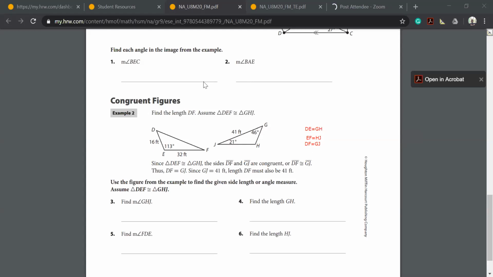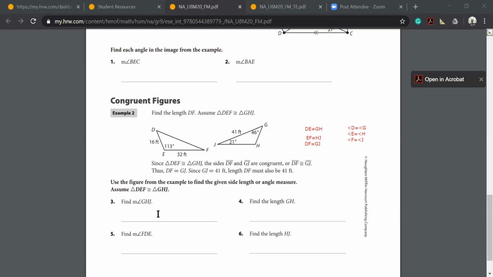We have statements for the angles as well, right? So let's do it. Angle D is equal to angle G, angle E is equal to angle H, and angle F is equal to angle J. Those are the 6 statements of congruency.